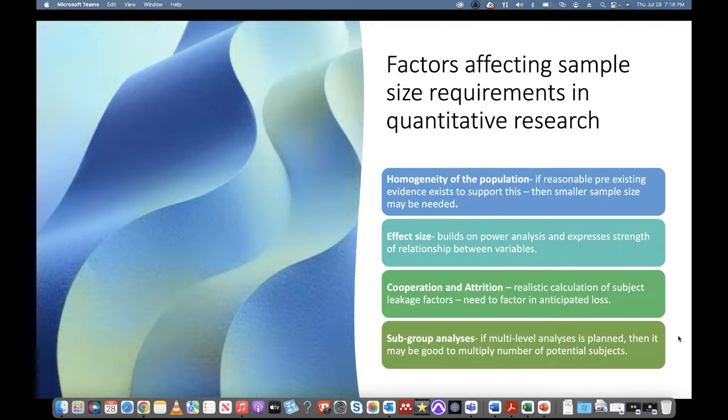So many calculators are not aware of this. They don't take account of the fact that there might be subgroup analysis going on. So it'll give you a number and say, just find 300 people. But if it was aware that each of those 300 people will be subjected to 4 things, then it might not have said find 300 people. It would have said find 1,200 people. But that process of multi-level analysis is what we call subgroup analysis that happens within the space.